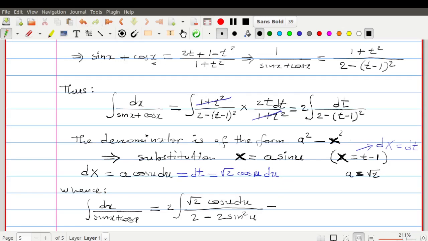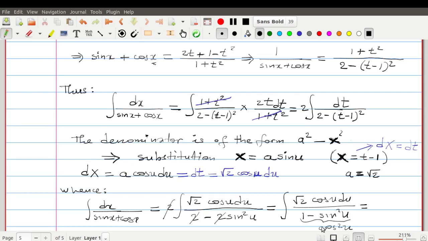Okay, so I will cancel out these 2 with this and that. So we have square root of 2 cosine u du by, now here we have 1 minus sine square u, and this one is cosine square u.